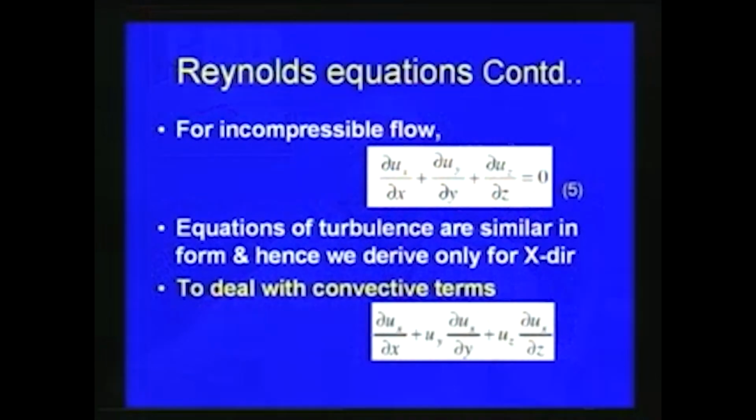Now, in the earlier Cauchy's equation we have seen that we have these convective terms. If we consider the equation in the x direction, we have these 3 convective terms: u x into del u x by del x plus u y into del u x by del y plus u z into del u x by del z.